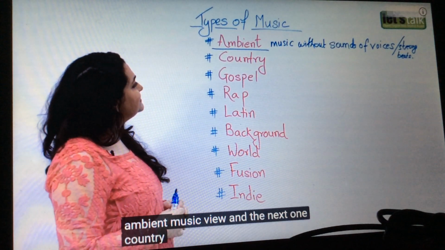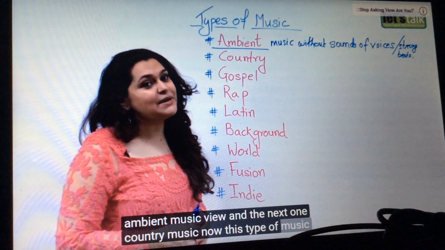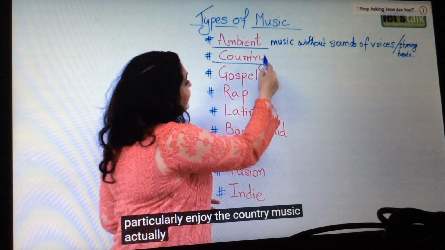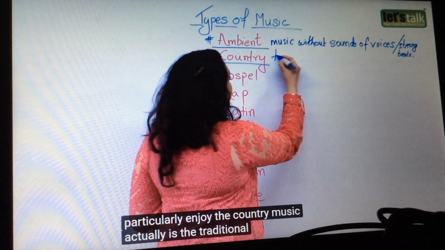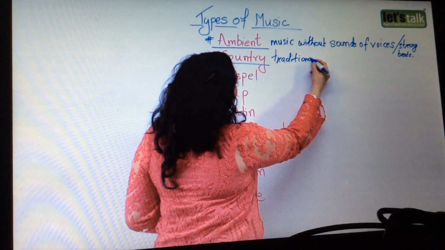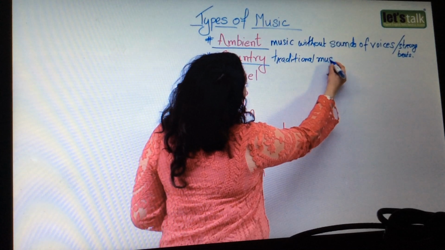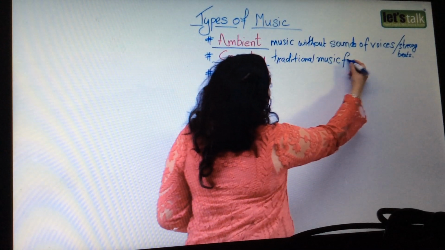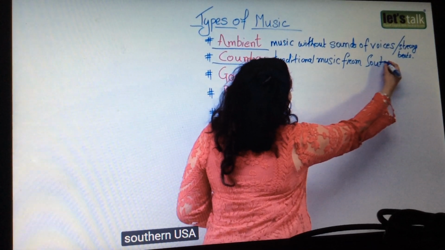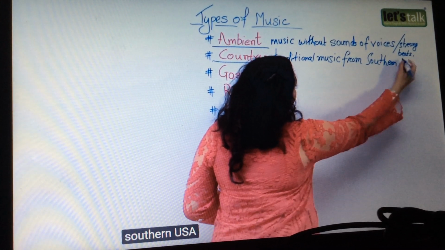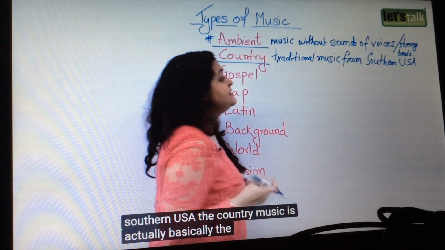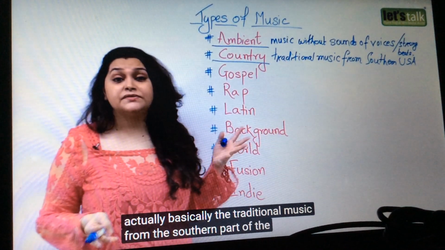And the next one, country music. Now this type of music I particularly enjoy. Now country music actually is the traditional music from southern USA. So country music is basically the traditional music from the southern part of the USA.